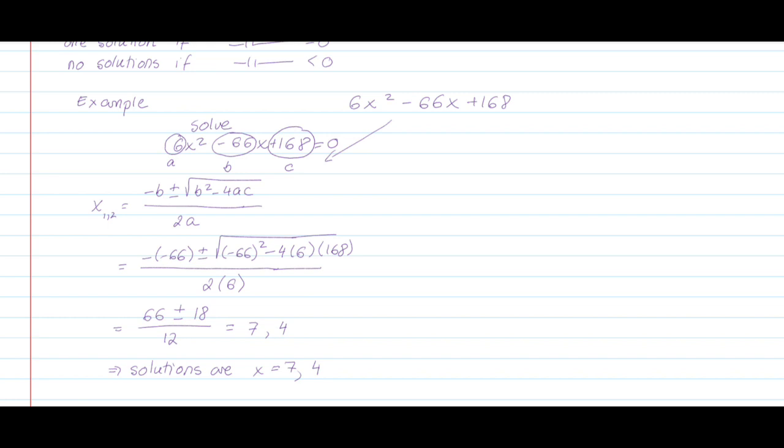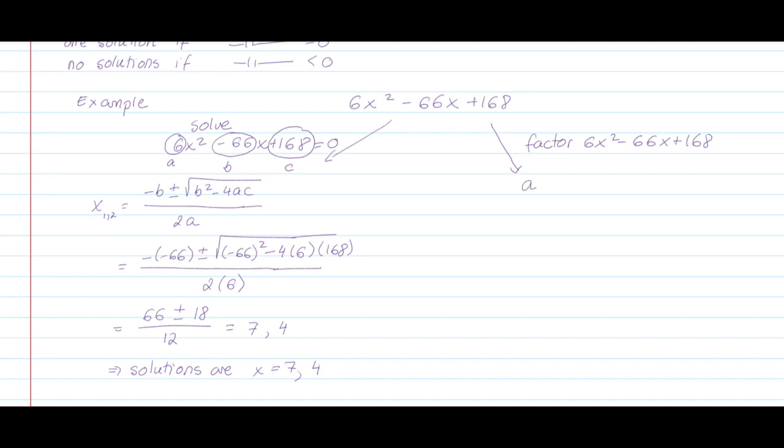But what if the question was to factor 6x squared minus 66x plus 168? Okay? So what do I have to do here? Remember that a quadratic can be factored in the following way.